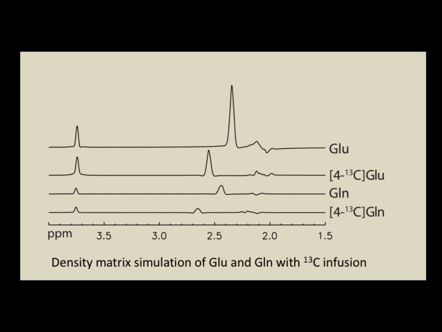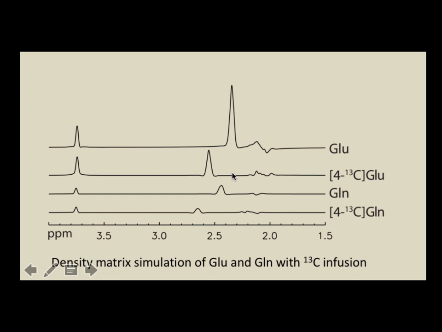This is a simulated spectrum. On top is a glutamate spectrum without a carbon-13 infusion, so there's no coupling between carbon and the proton. We have the regular glutamate peak at 2.35 ppm. After the carbon-12 in the C4 site is replaced by carbon-13, this peak at 2.35 ppm will disappear because of the decoupling.